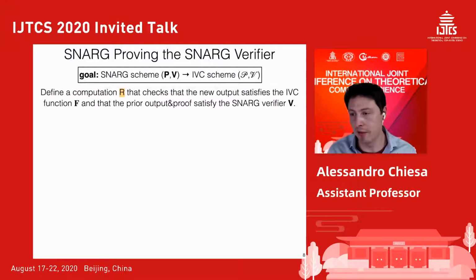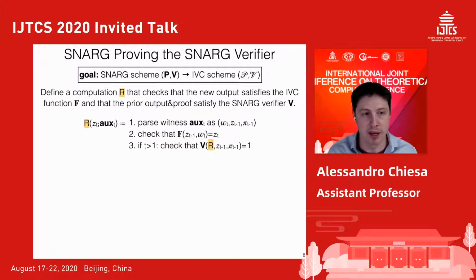The crux of the construction for this step is to define, let's call it, a recursive computation, R. R stands for recursive, that checks that a new output satisfies the IVC function f, the state transition, and the prior output and proof satisfy the SNARK verifier.